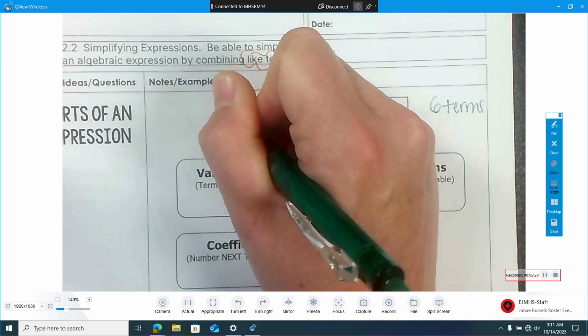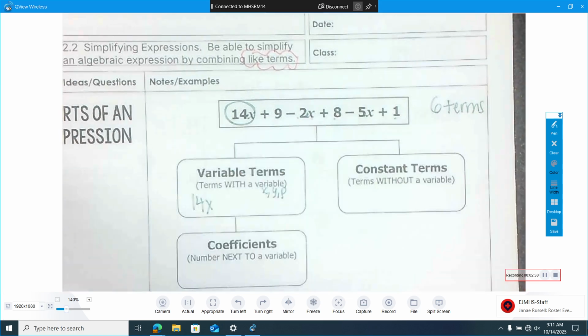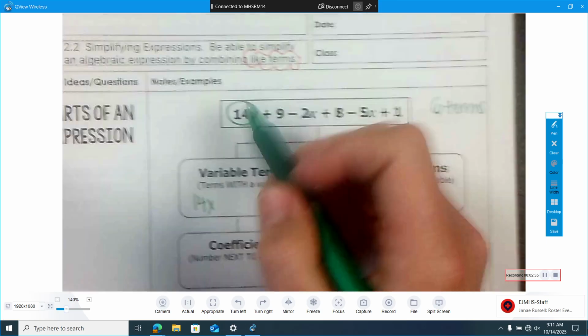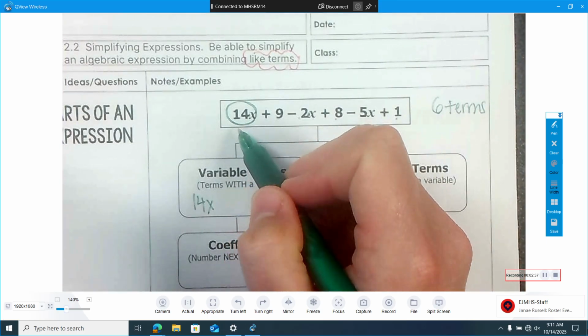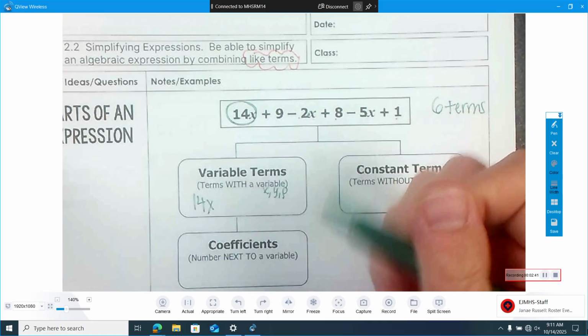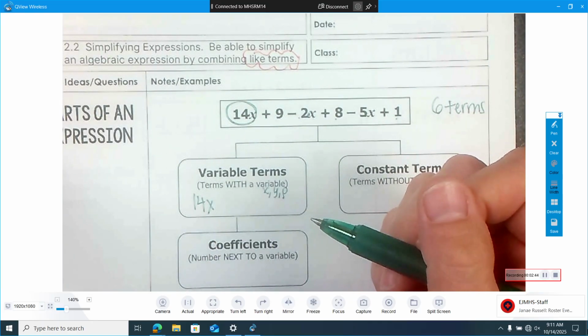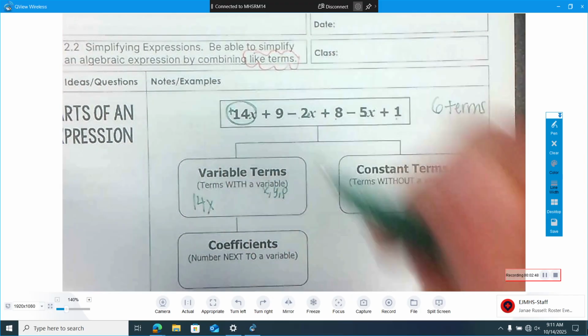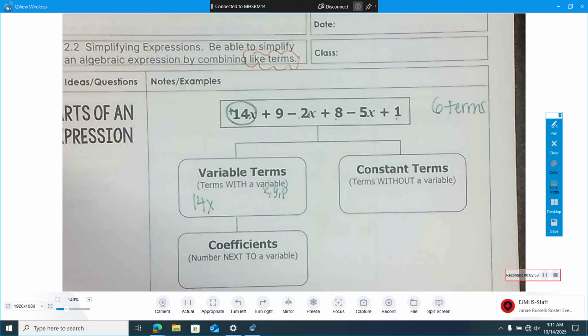And what I want you to do is use one of your colors and circle that 14x or highlight that 14x. Now, I want you to always be thinking, because this is going to just make things so much easier, this 14x, is it a positive 14x or is it a negative 14x? It's positive. We look to the sign to the left, and if nothing is there, like this, there's nothing to the left of it, it's positive then. So we're going to always keep a sign attached, okay? And that's kind of important.